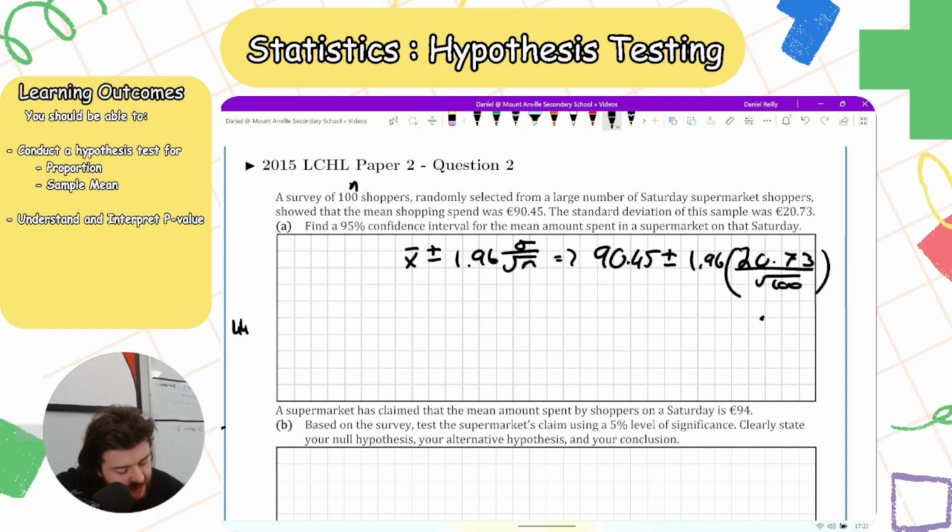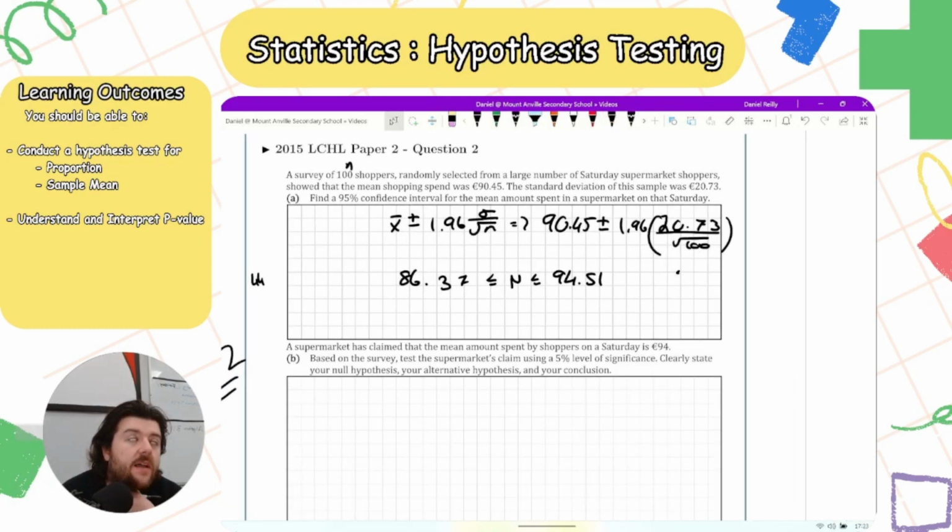So my lower bound, 90.45 minus all this, will be equal to 86.37. Then my upper bound, 90.45 plus all of this, you type in your calculator, you get 94.51. So, part B. Now, a supermarket claimed that the mean amount spent by shoppers on a Saturday is €94 based on a survey.